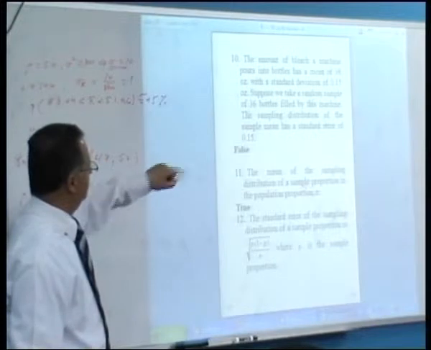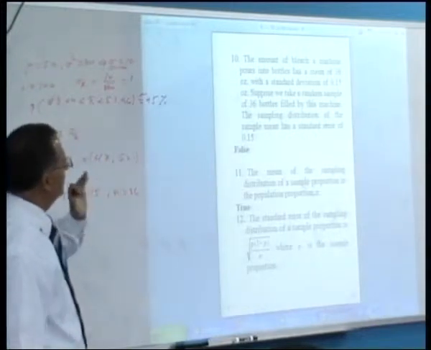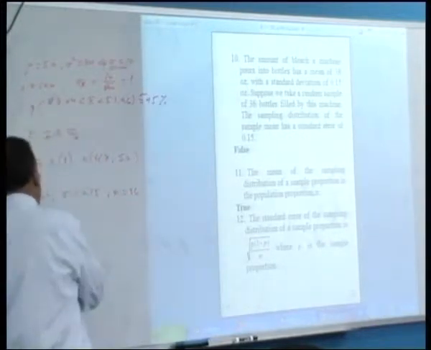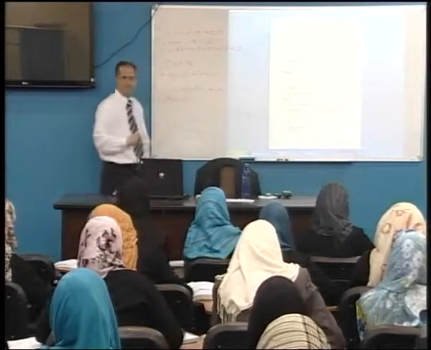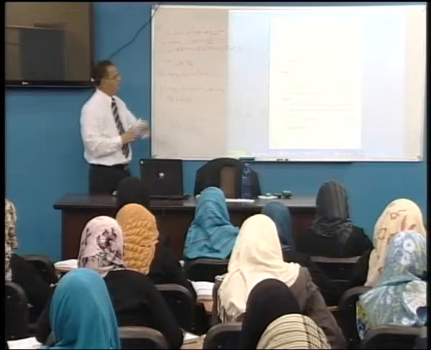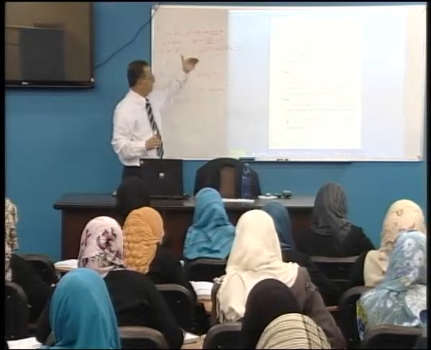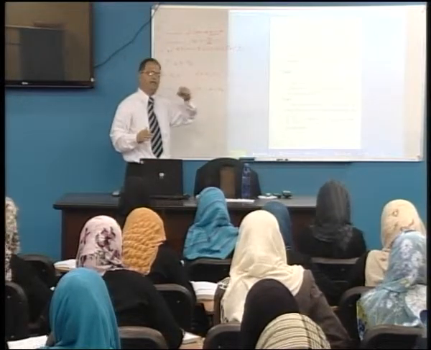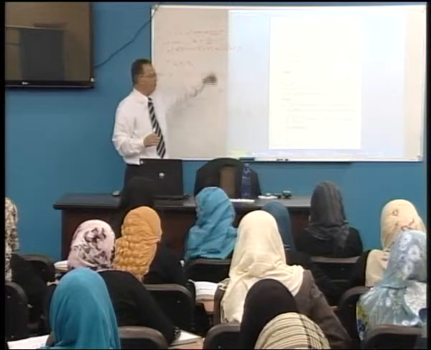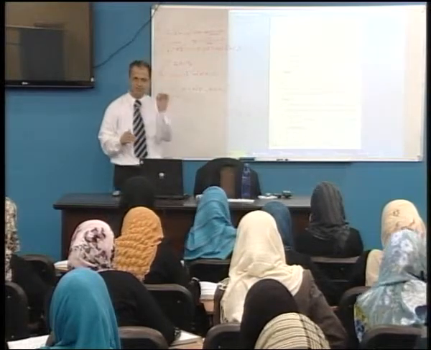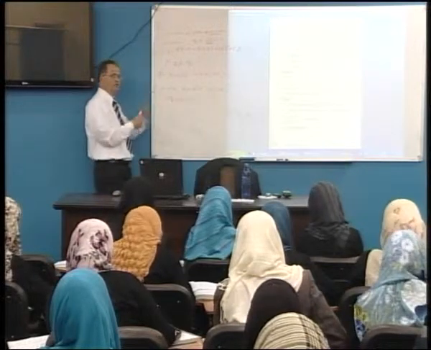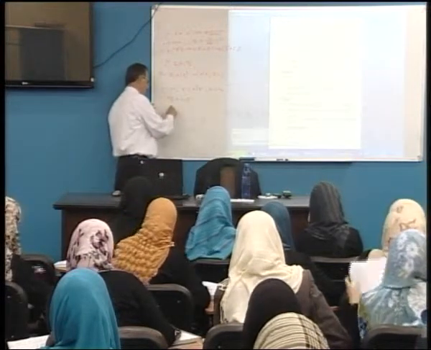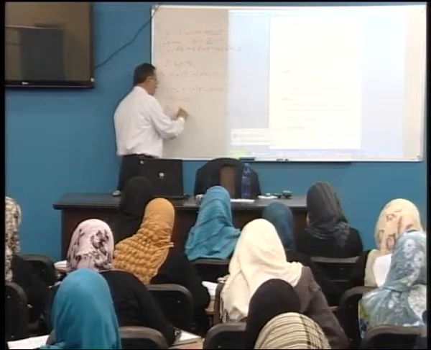The sampling distribution of the sample mean has a standard error, so standard error means sigma of x bar is 0.15. It's false because sigma of x bar equals sigma over root n.